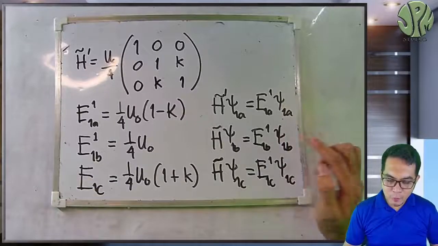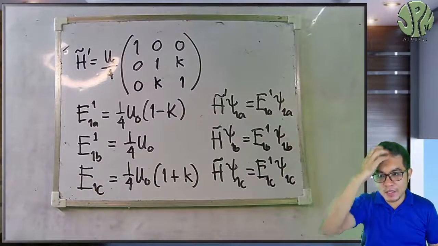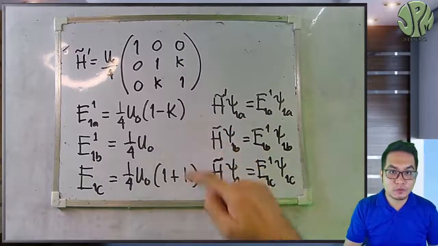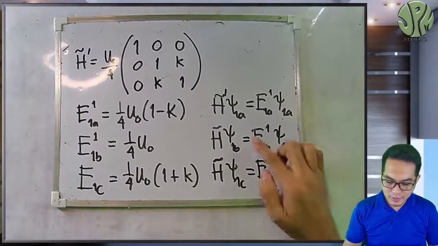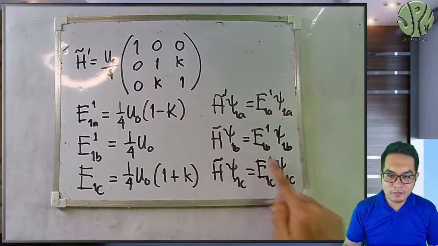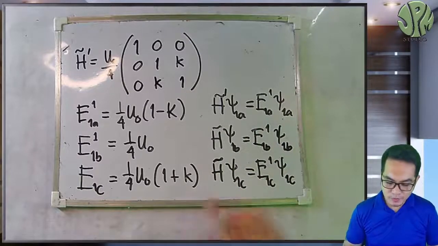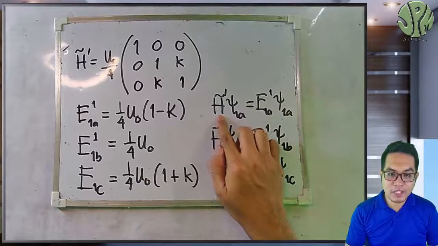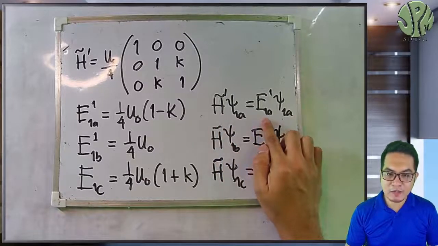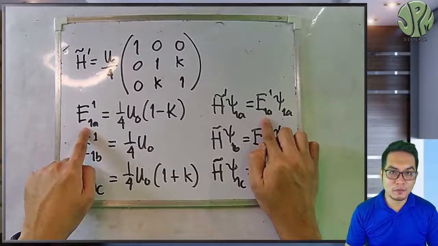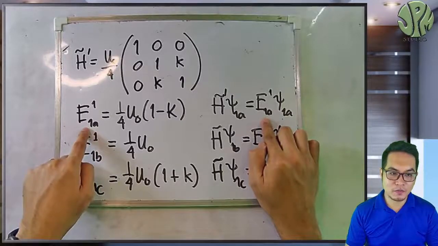Now if we want to solve for the 3 corresponding states for the new energy levels, we need to solve these three eigenvalue time-independent Schrödinger equations. So the perturbation matrix acting on psi1A will just give you the energy eigenvalue, the first order correction in energy, E1A1.